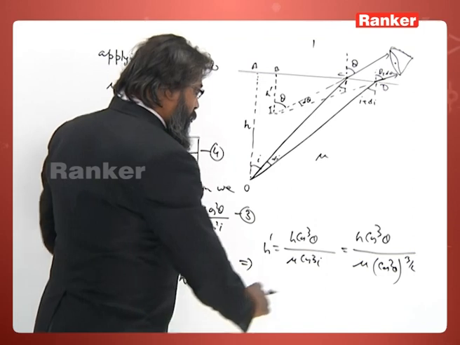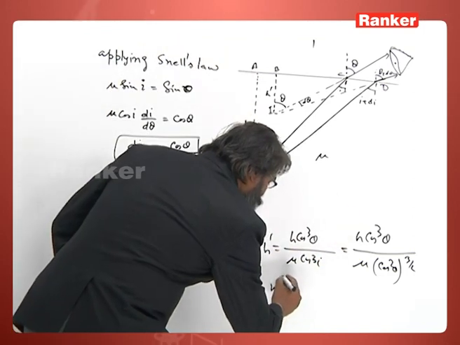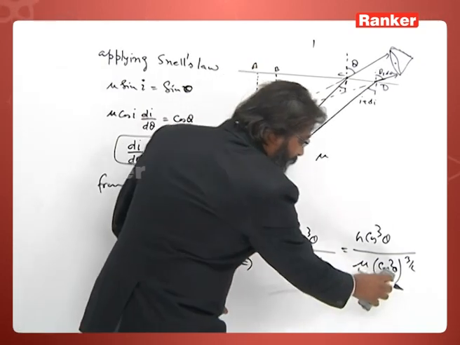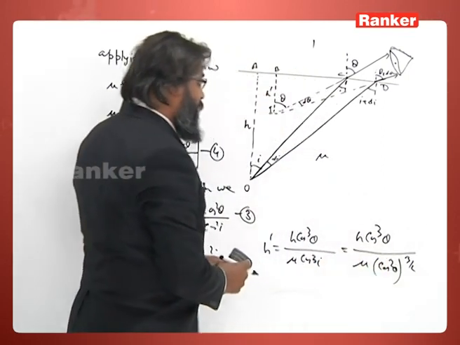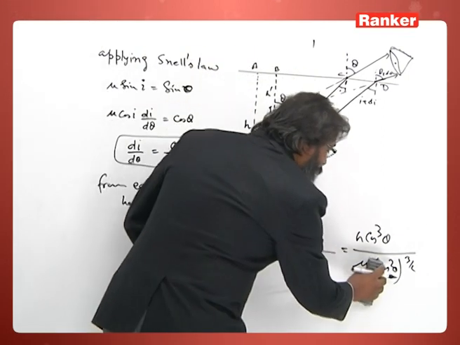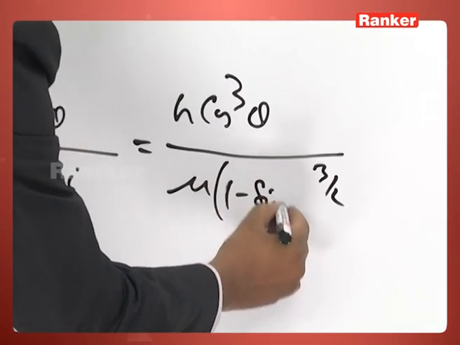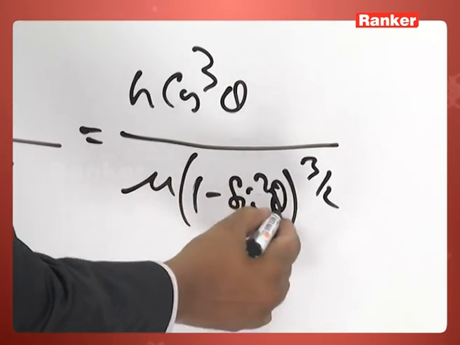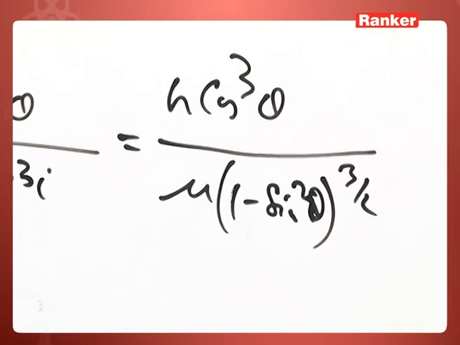Now cos square I is 1 minus sin square I, and sin I is sin theta by mu. So this is the expression for H dash.